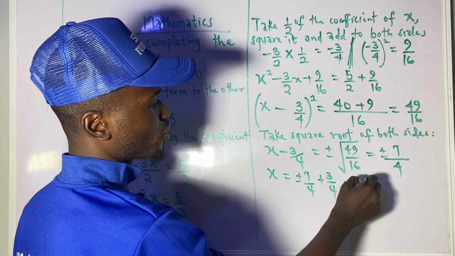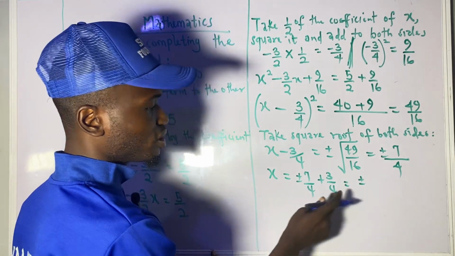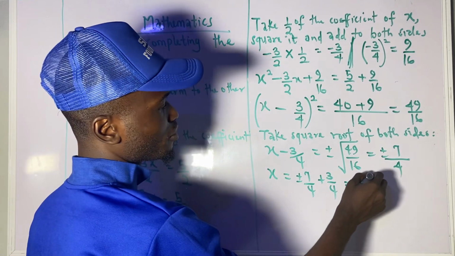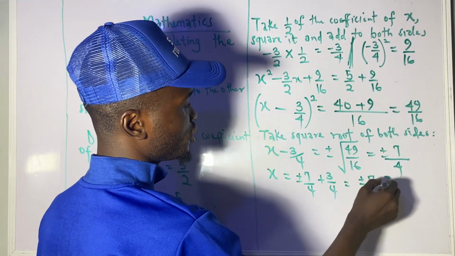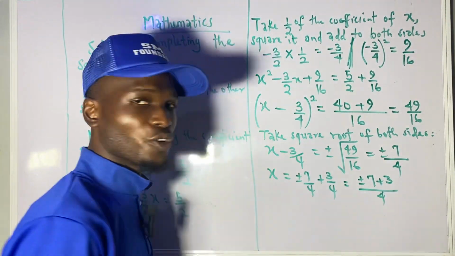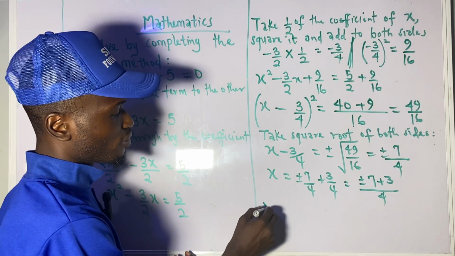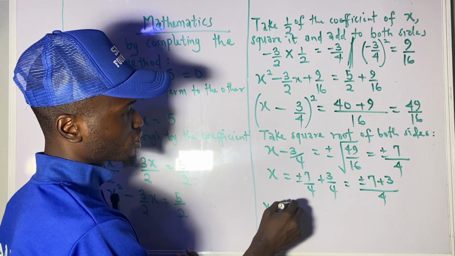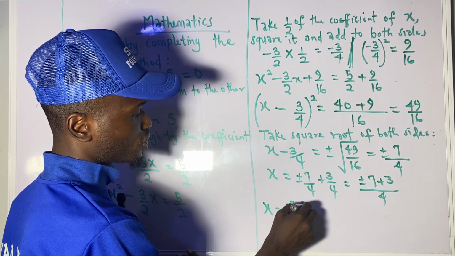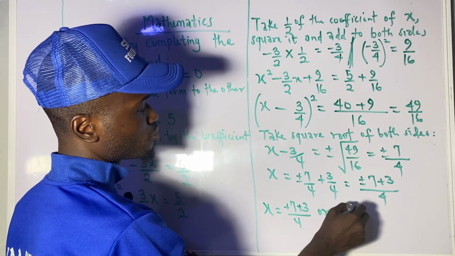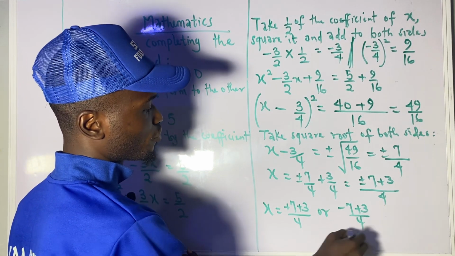Since the denominators are the same, we can just add the fractions straight: plus or minus 7 plus 3 all over 4. Now from here, we split this into 2. We have x equal to 7 plus 3 over 4, or minus 7 plus 3 over 4.